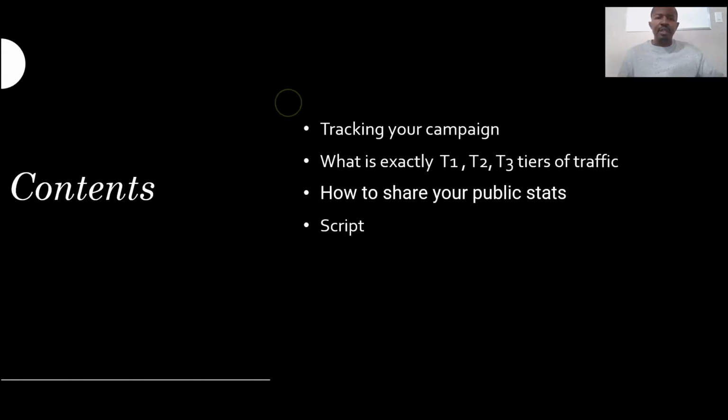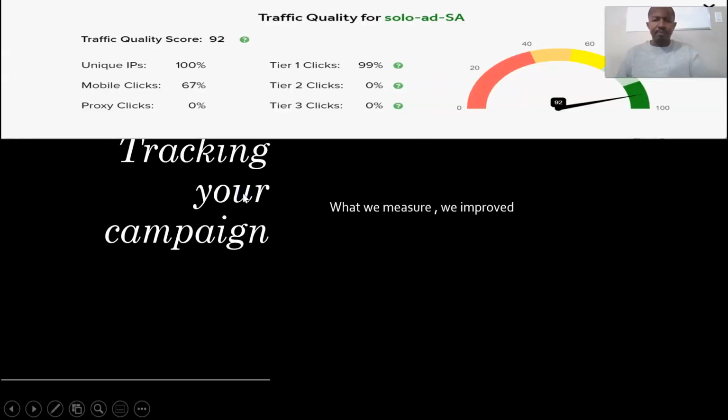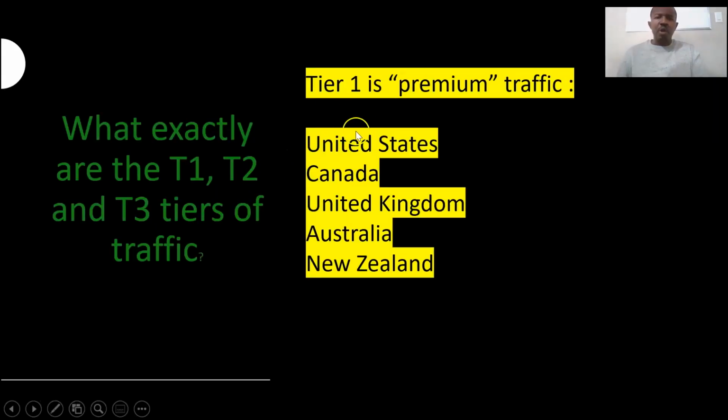So let's see what tier 1 traffic is. Tier 1 traffic is basically your premium traffic. It's people who are in the big 5 countries: United States, Canada, United Kingdom, Australia, New Zealand.